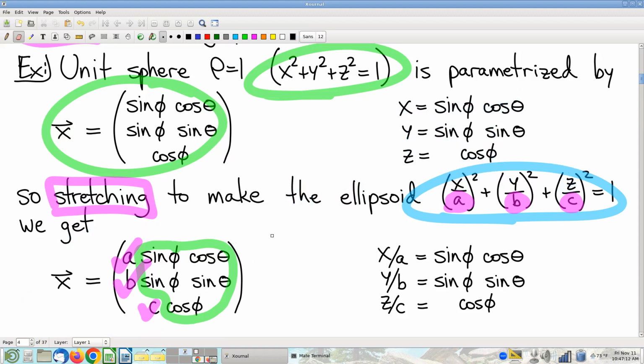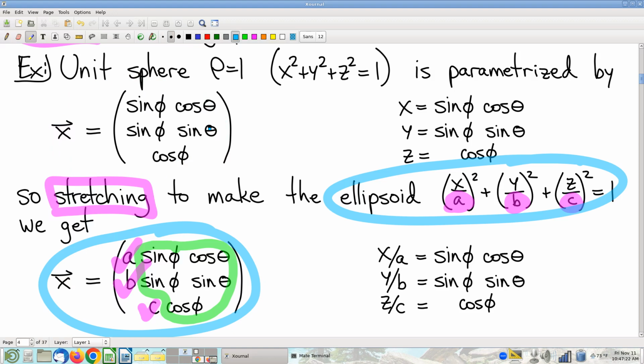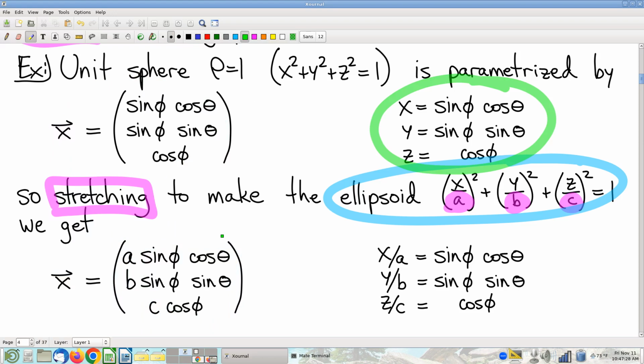Okay, here's a different way you can think about it. Think of this, your sphere, looking at it in terms of a bunch of equations, and now we ask ourselves, how do I stretch things out if they're described by equations?